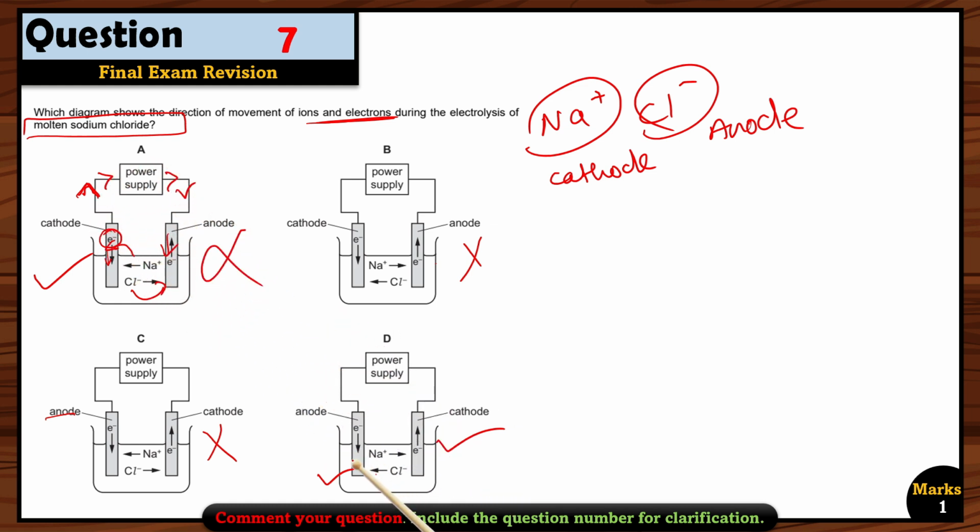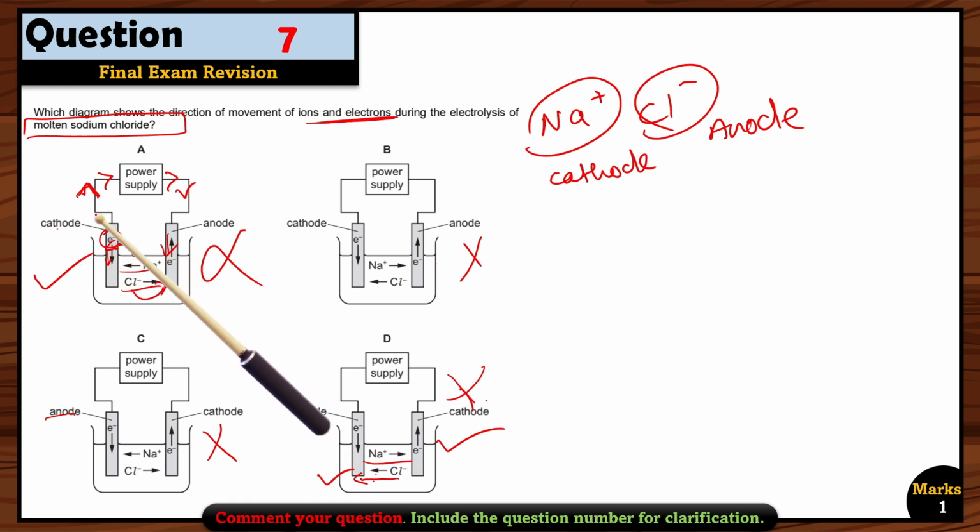Let's see here. For the anode, if you see the electrons, let's see what is happening here. Sodium is moving towards the cathode, and here chlorines are moving towards the anode. And now the cathode. This one is wrong, because if you see, this is the cathode, so it should move towards here.